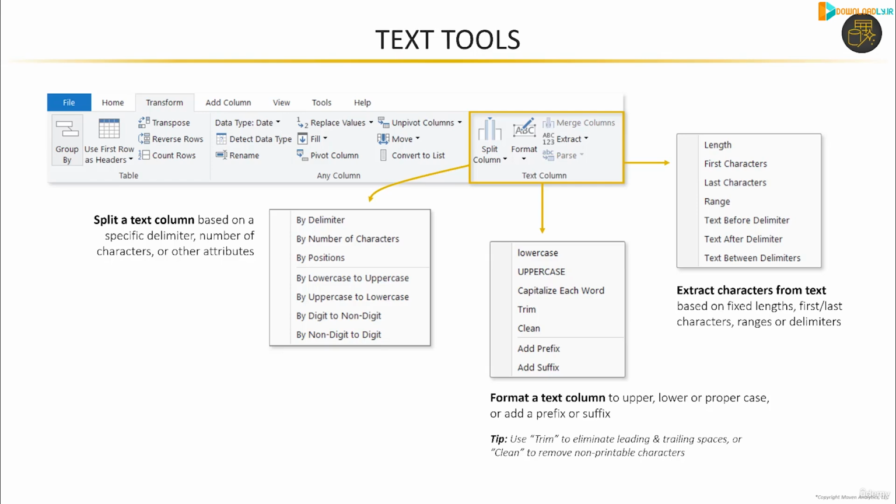So you may have noticed that some of the tools here are grayed out or inactive, like the merge columns or parse options. And that brings up a really important point, which is that this toolbar is completely dynamic based on what you've selected. So if you've only selected a single column, the merge column options are irrelevant, so you can't even click them. You'd have to select multiple columns in order to activate that option.